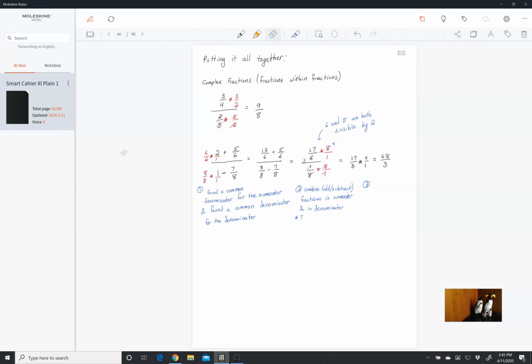The result of this is one fraction in the numerator and one fraction in the denominator. That's ultimately what you want, because that's when you can do this last step of multiplying by the reciprocal of the denominator. Sorry, this should be denominator.